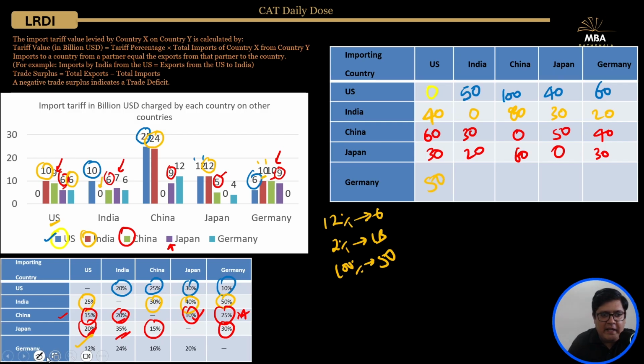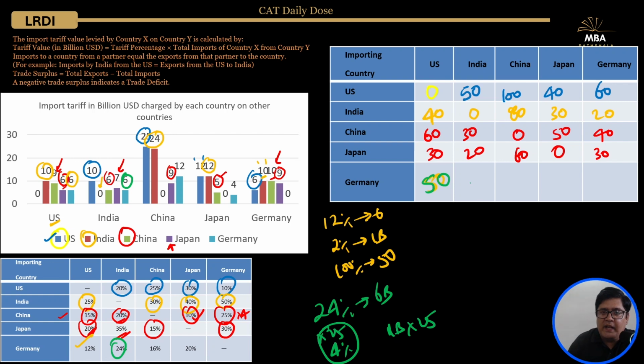So 50 billion worth of goods were imported by Germany from US of A. Now Germany is charging India 6 billion, which is 24%. 24% is 6 billion. So 1 billion is 4%. How can I make it 100? Make it 25 times. So Germany imports 25 billion worth of goods from India.